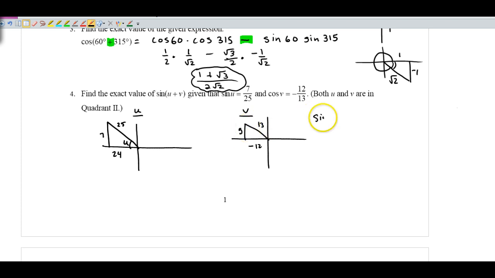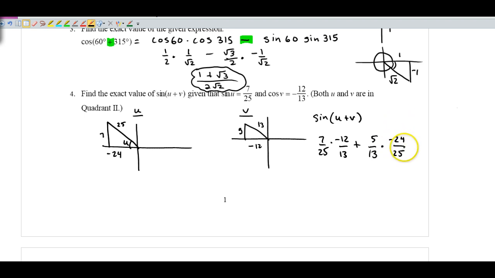So sine of u plus v is equal to the sine of u, which is 7 over 25, times the cosine of v, which is negative 12 over 13, plus the sine of v, which is 5 over 13, times the cosine of u, which is negative 24 over 25.